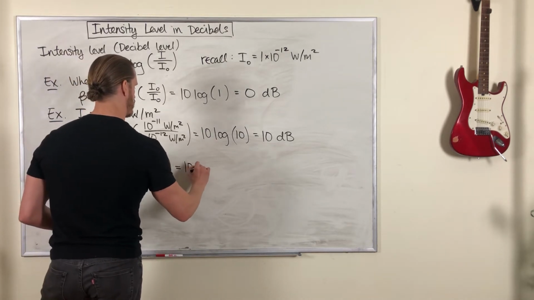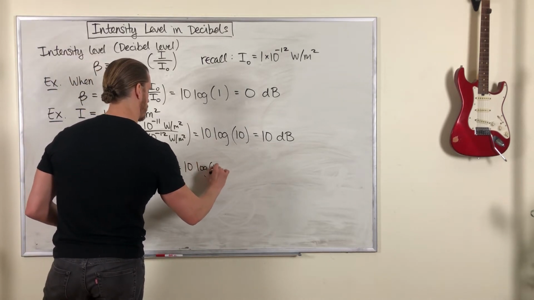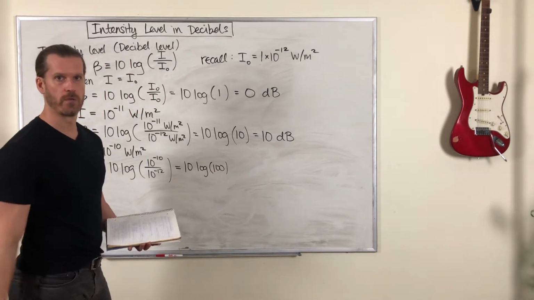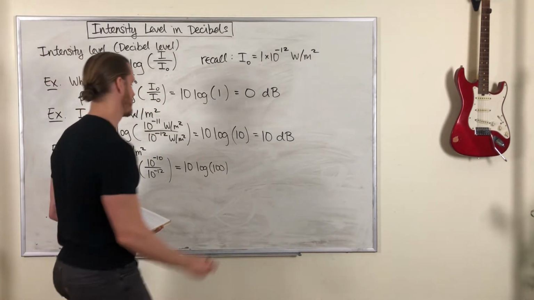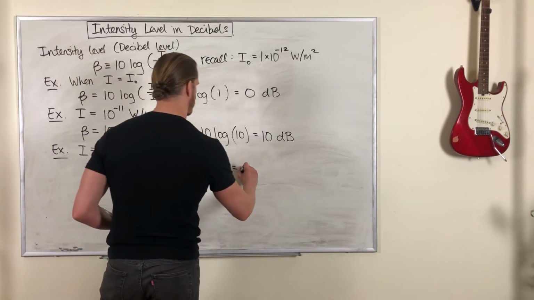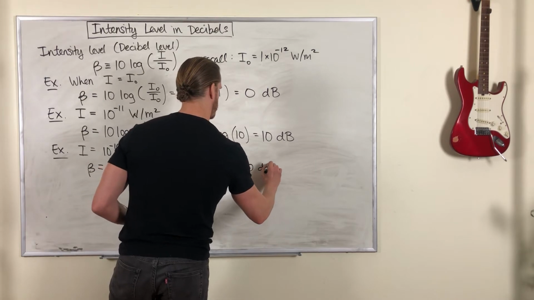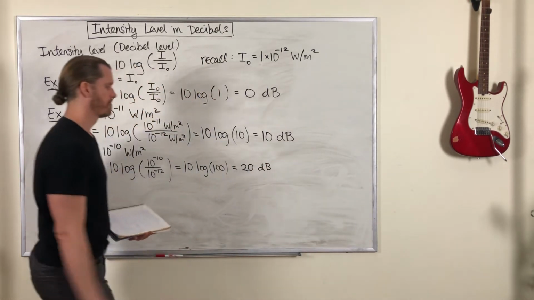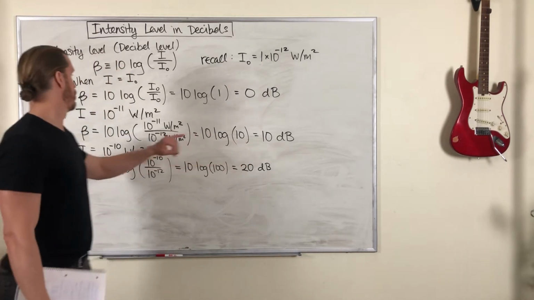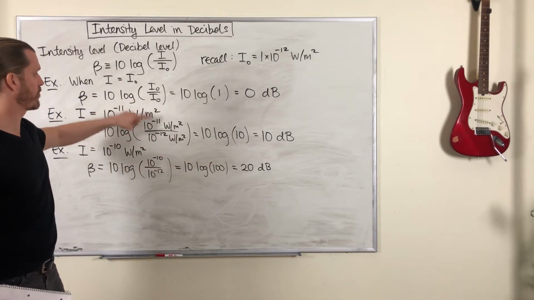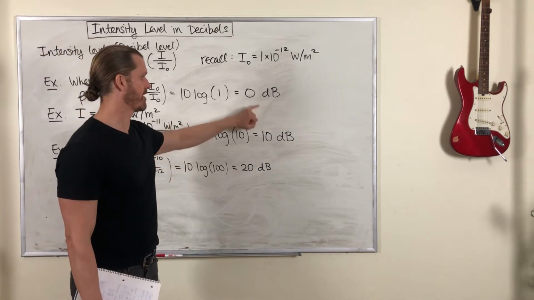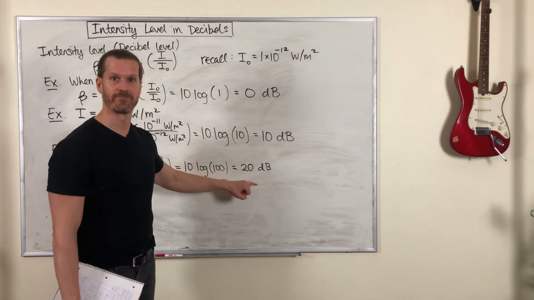It's 10 log 100. The log of 100 is 2, because 10 to the 2 equals 100. So 2 times 10 equals 20. And this is a general rule for decibels. When the intensity increases by a factor of 10, the decibel level increases by 10.